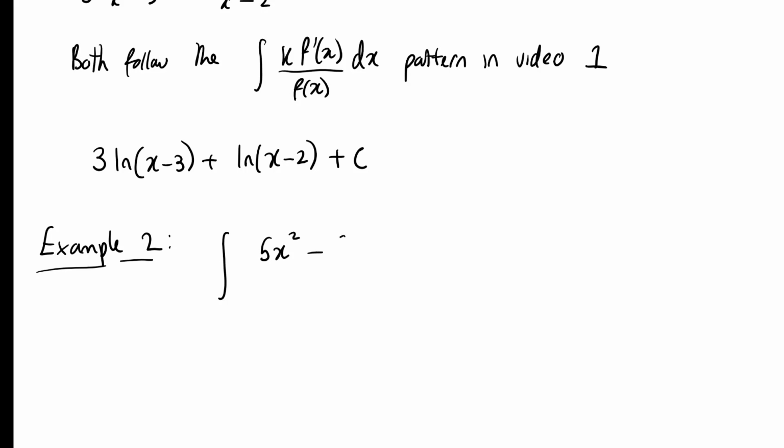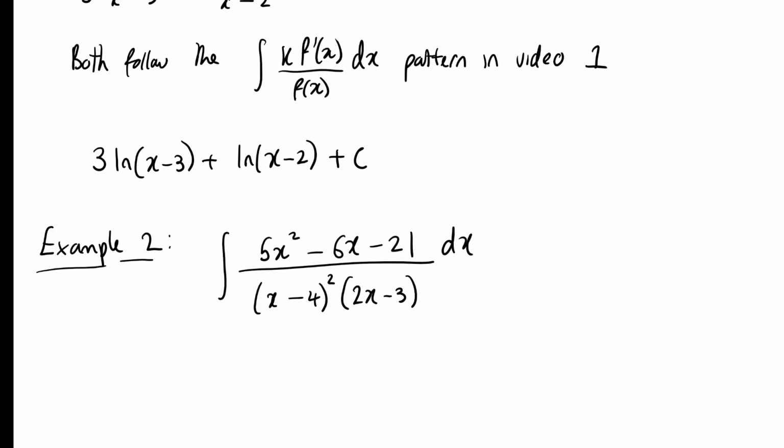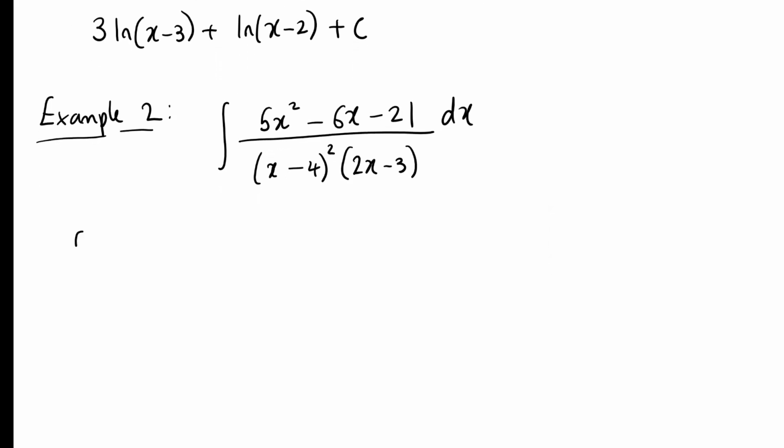5x squared minus 6x minus 21 all over x minus 4 squared times 2x minus 3 dx. So the denominator is already factorized here, so it's very likely partial fractions will be useful. So we should try to rewrite the integrand by using partial fractions.